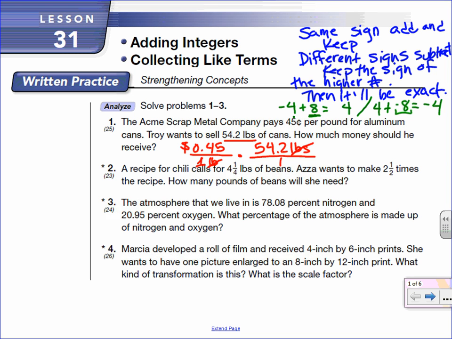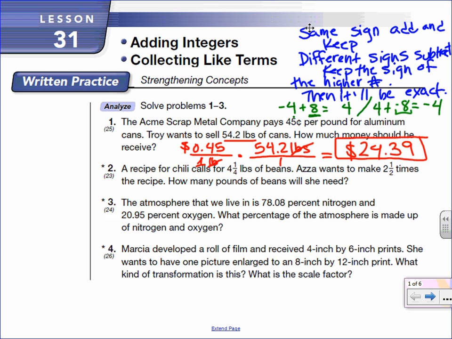And this shows me that since 0.45 and 54.2 are both numerators, I multiply them, and 0.45 times 54.2 is 24.39. So $24.39 is what he should get.